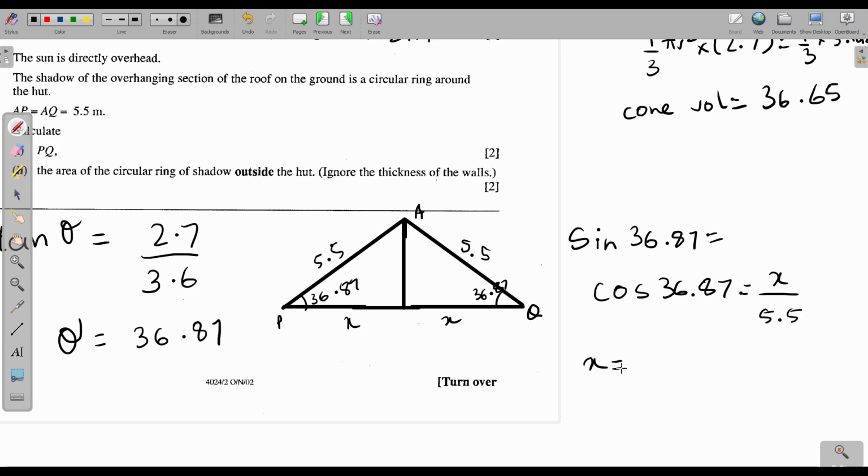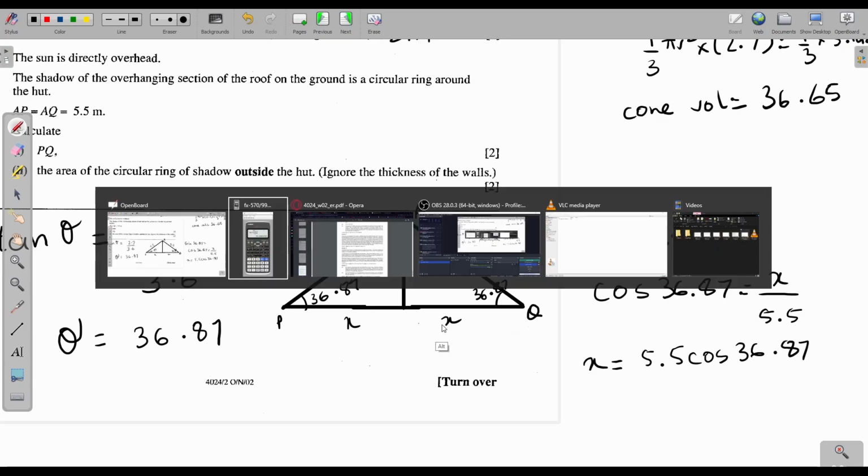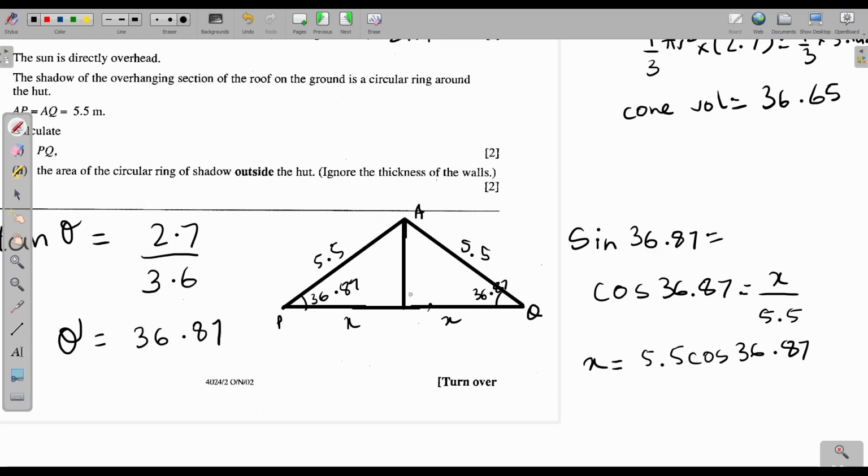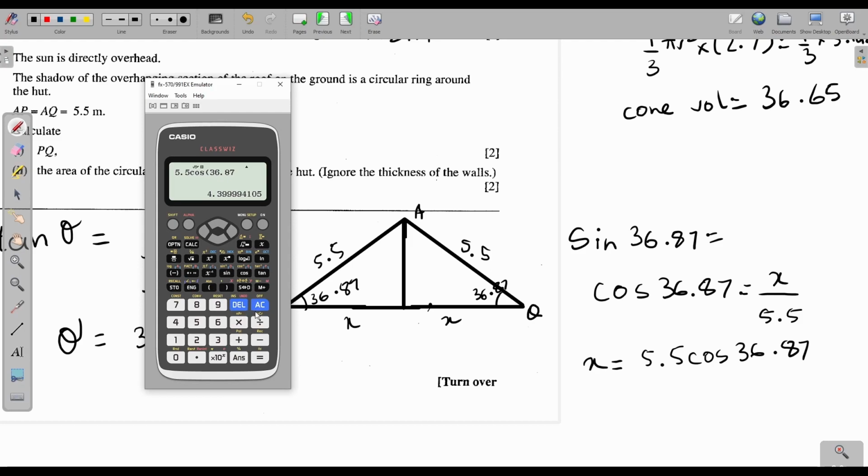So this is going to be 5.5 cosine of 36.87, which, let's figure that out. 5.5 times the cosine of 36.87 gives us 4.39999, and because there's two of them, let's multiply that by 2, and we get 8.79.